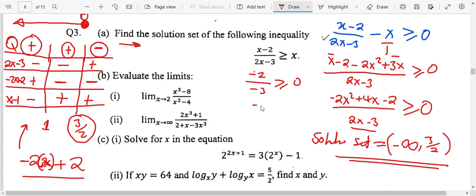So negative 2 over negative 3, I mean, it becomes positive 2 over 3. Is that greater than or equal to 0? We know this is true. So this region has worked. You can also try out any number between 1 and 3 over 2. It will also work. So that is how you're able to confirm what you are doing is correct.